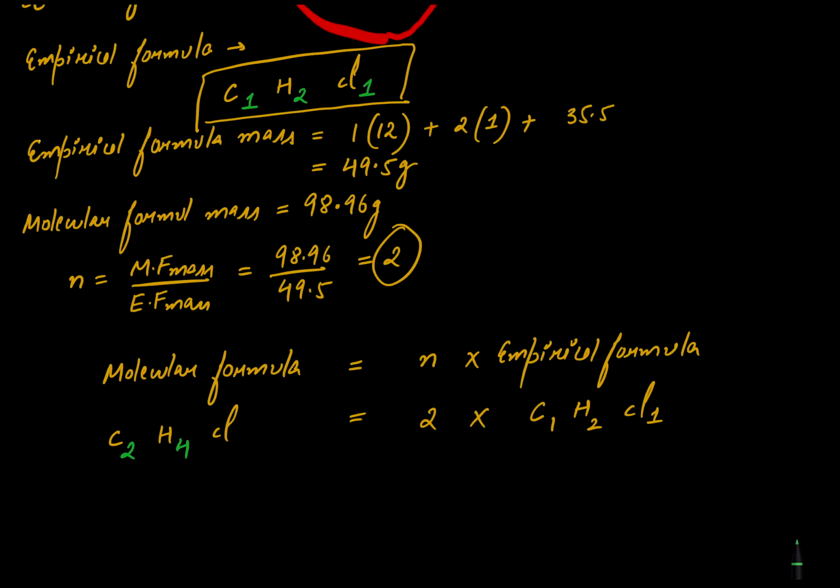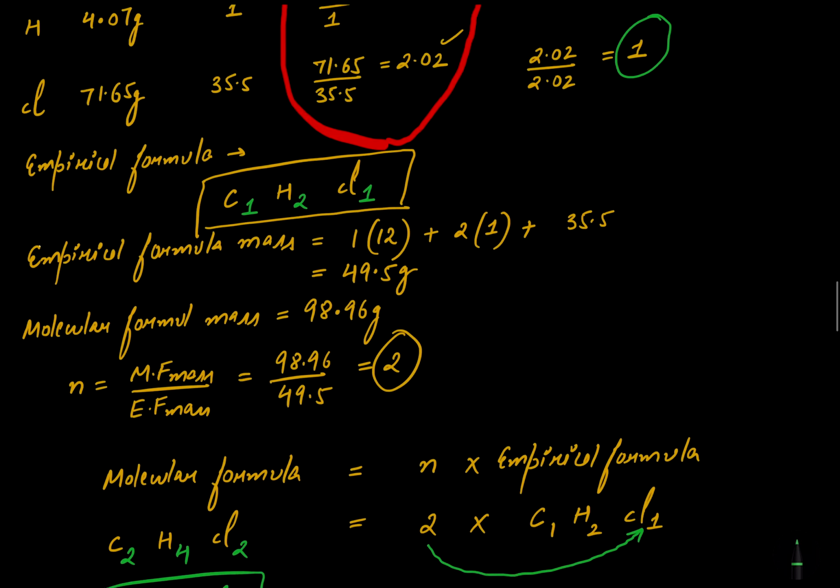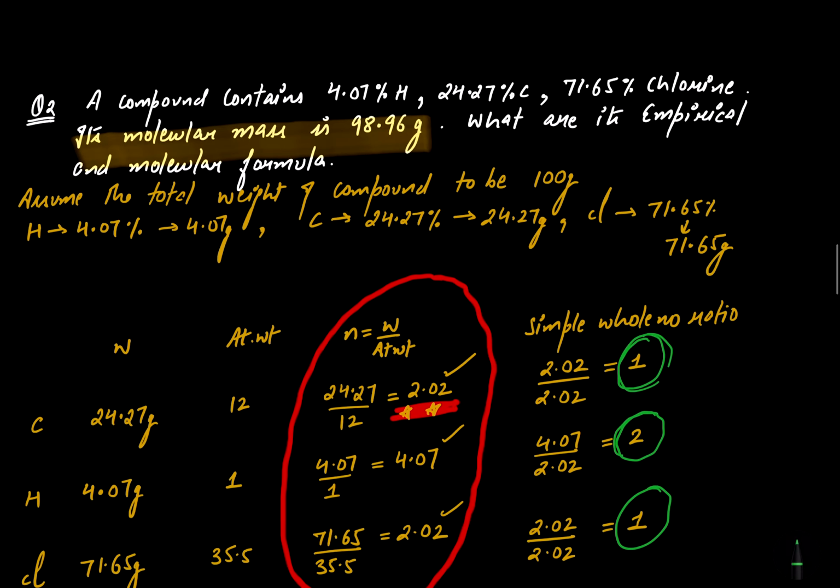Now 2 and 1, 2 ones are 2 for chlorine, and it comes out to be 2. So my molecular formula comes out to be C2H4Cl2. I got my molecular formula and I also got my empirical formula. So my dear students, hopefully you got this numerical also. Please do have a look.